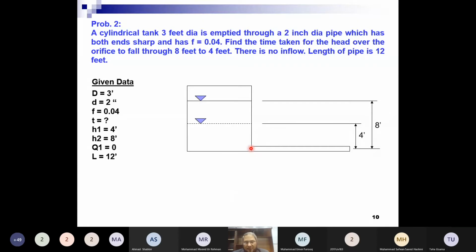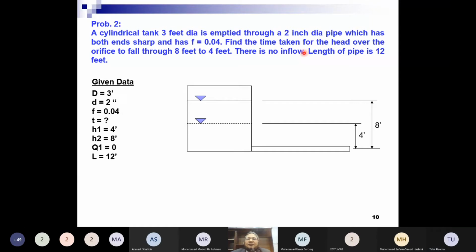This end is also sharp, and this end is also sharp, and has small f 0.04. What is this small f? Friction factor. Yes, friction factor.